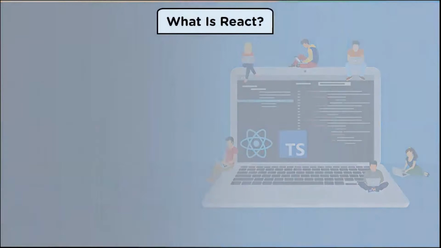Features of React. React is an open source library and is developed by Facebook. React apps are fast, flexible, modular, and scalable. React is a powerful JavaScript library that creates interactive interfaces.